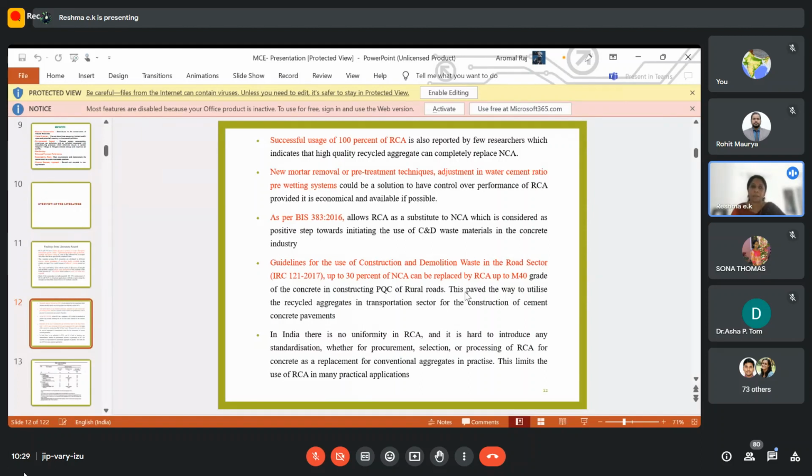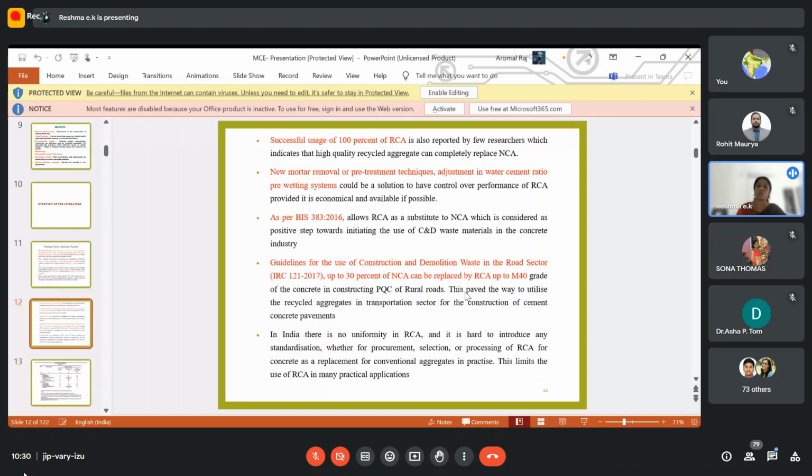There are many papers which say 100% replacement is also possible, but with high quality recycled concrete aggregate. What they mean by high quality recycled aggregate is just with respect to the processing techniques. The processing techniques should include something which can remove the maximum adhered mortar.